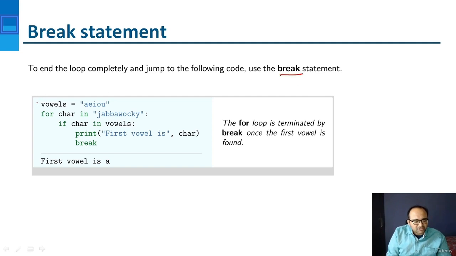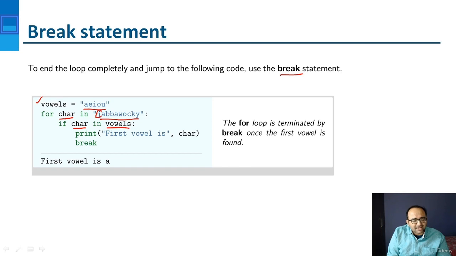So let us consider vowels, initially vowels are A, E, I, O, U. Now consider a for loop, for char in this particular string. In the first iteration it is going to pick this character, in the next iteration the next character, like this.